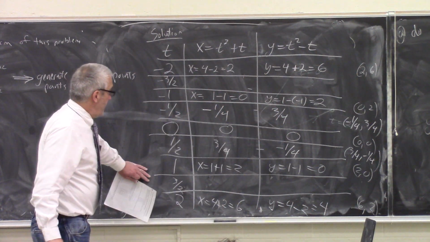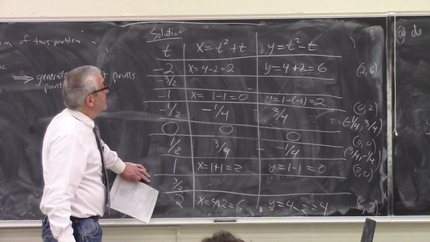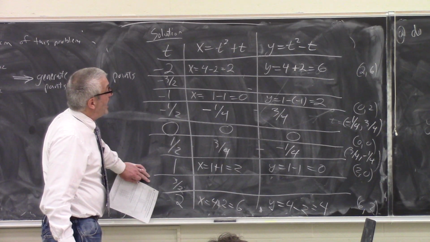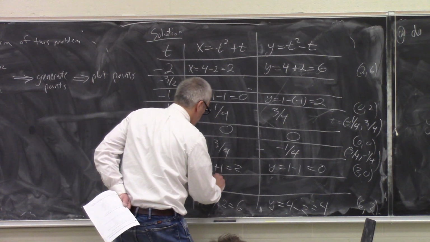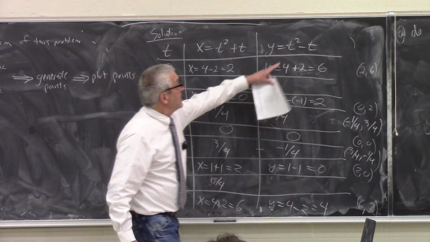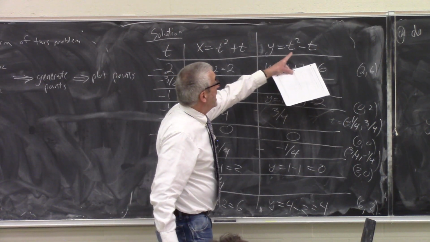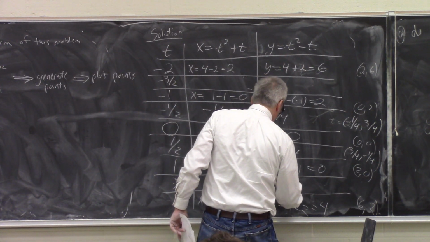Okay, let's look at when t is 3/2. Then t squared is 9/4. 9/4 plus 3/2, that's 9/4 plus 6/4, so that's 15/4. On the other hand, y is going to be 9/4 minus 3/2, so 9/4 minus 6/4, so that's going to be 3/4.